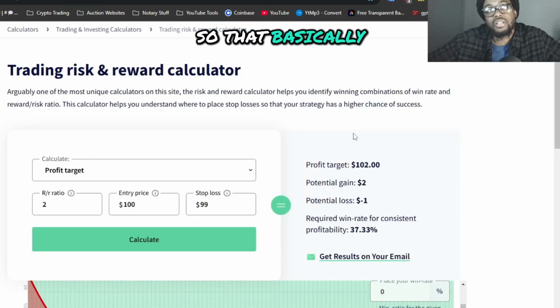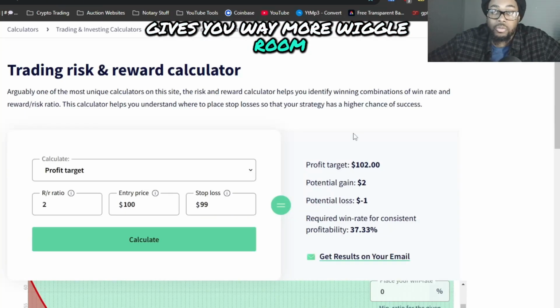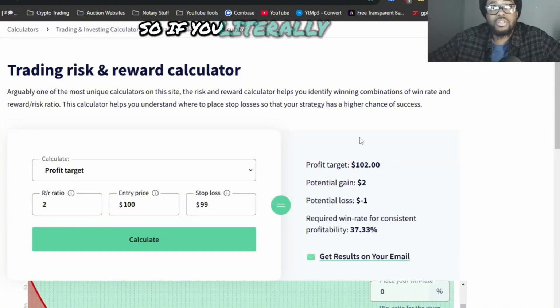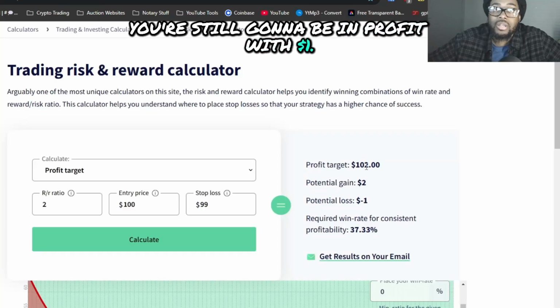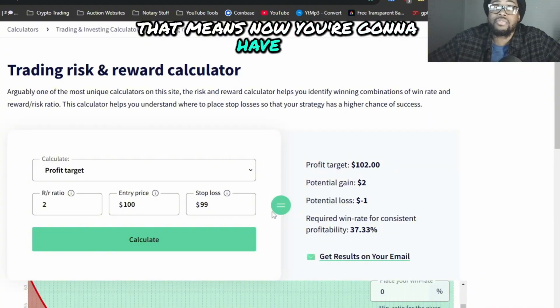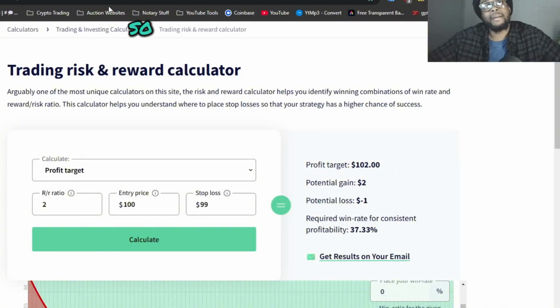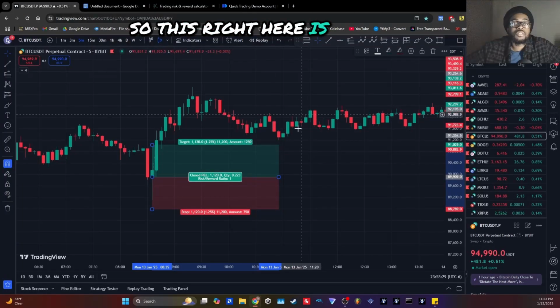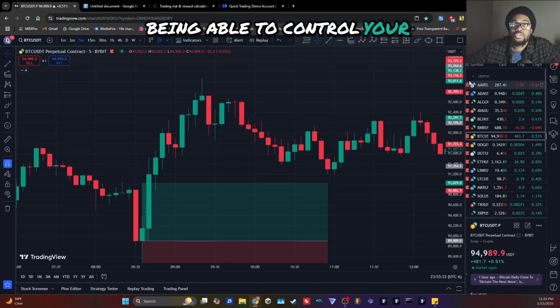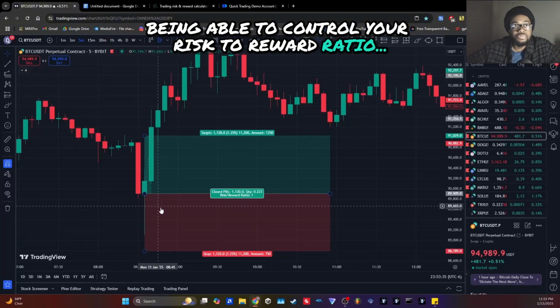So that basically gives you way more wiggle room to not always be so accurate. So if you literally lose your next trade, you're still going to be in profit with $1. And then say after that you win again, that means now you're going to have $103. So this right here is the key to trading. Being able to control your risk to reward ratio.